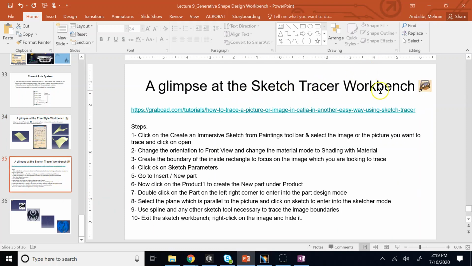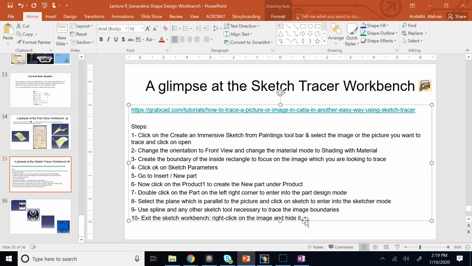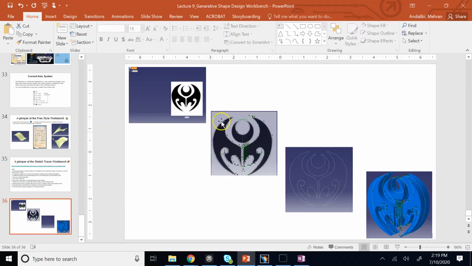The other one is the Sketch Tracer workbench, which here again I show you. This does not have a ton of tools. I only have basically a few tools, and I'm going to show you all of those. So as I said, if you have an object from which you have a picture, a profile, you can import that picture into CATIA, trace the boundaries of it, get the sketch, and then extrude it and reverse engineer your part basically, just by having a picture of it.